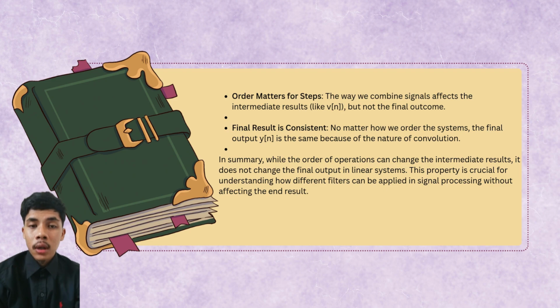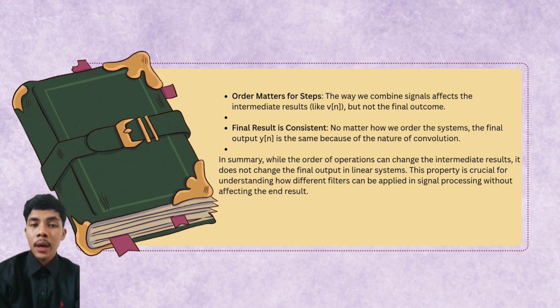First of all, the order in which we combine signals affects the intermediate result, like v[n], but not the final outcome. The final outcome is consistent: no matter how we order the system, the final output y[n] is the same because of the nature of convolution.